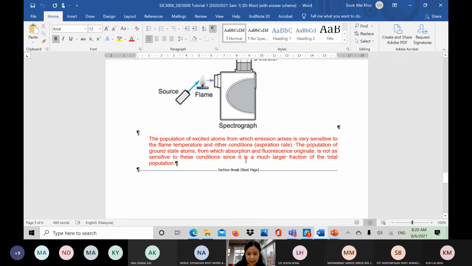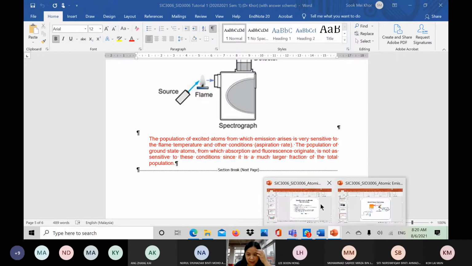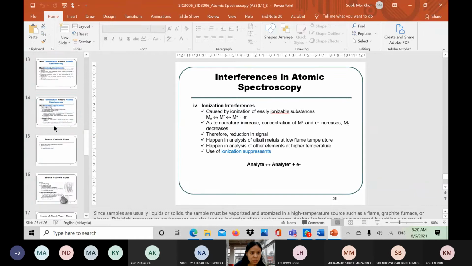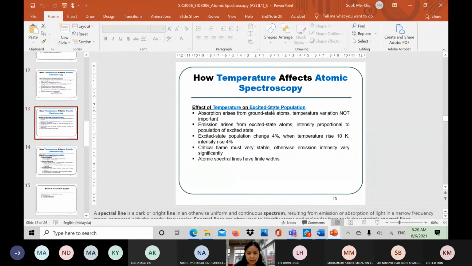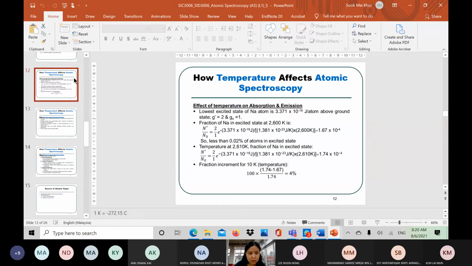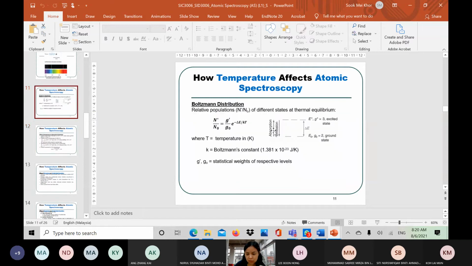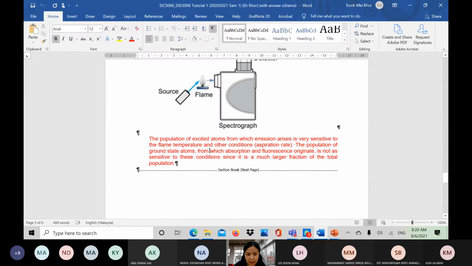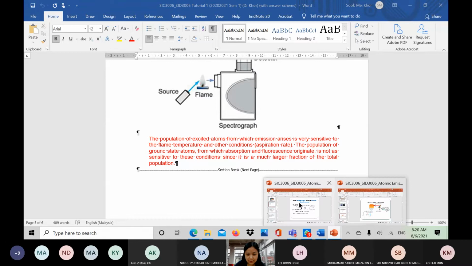This is undoubtedly so, as we mentioned here, the Boltzmann distribution, all about the temperature and other conditions like the aspiration rate and the flow rate, as we discussed here.